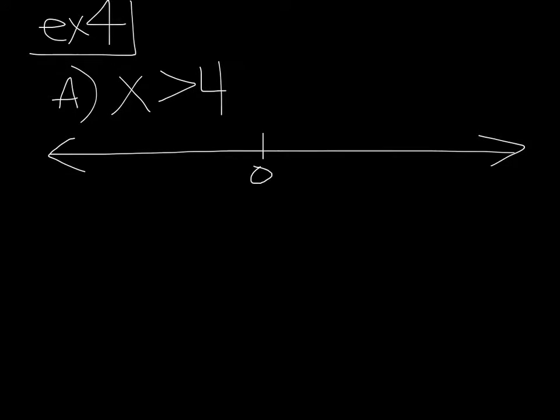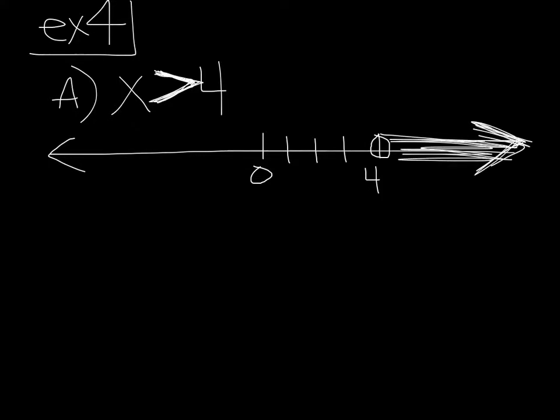So I put a 0 on there, and then I always make sure that I graph the number that they're giving, which is 4. So x is greater than 4. How I would graph that is an open circle on 4, and since it's greater than, notice that's pointing to the right side. I shade the right side, and I even shade the arrow. And that's how I show x is greater than 4.